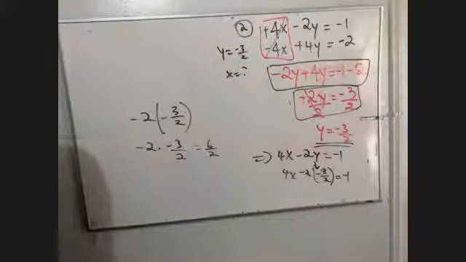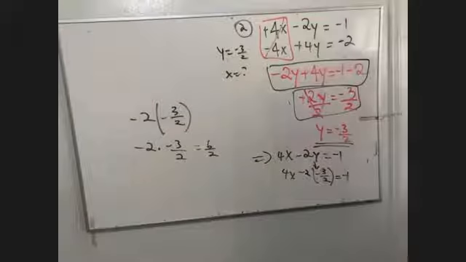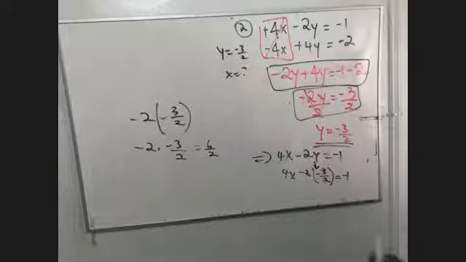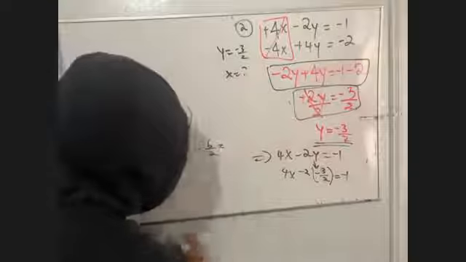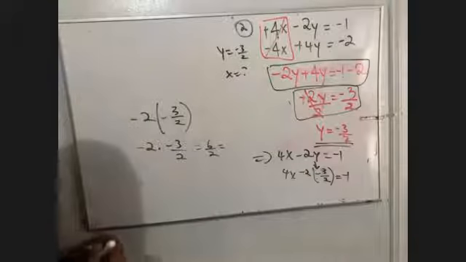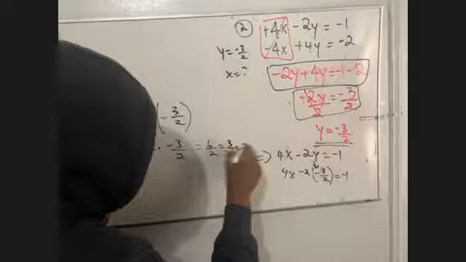Six over 2, right? What is 6/2? 3/1. Just 3. 6 divided by 2 is what? 3. 3/1, which is the same thing as 3.